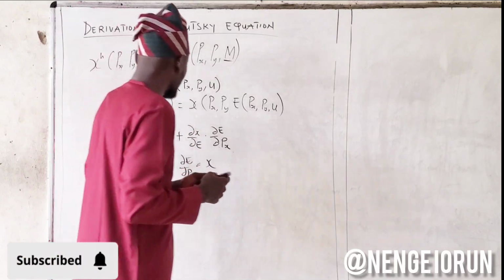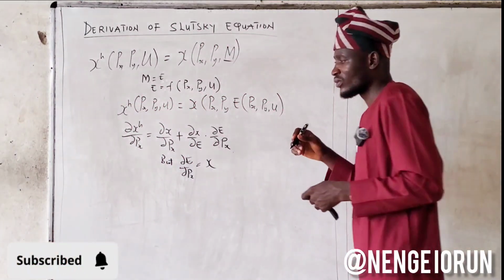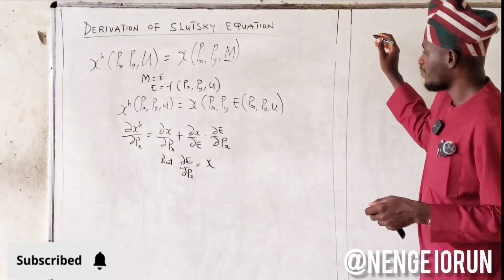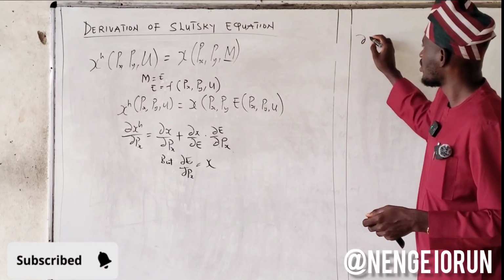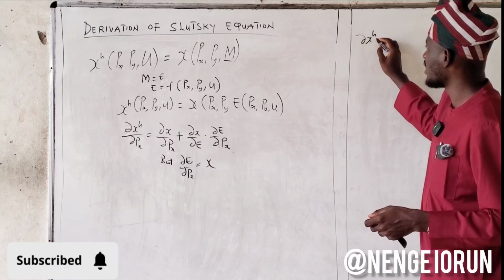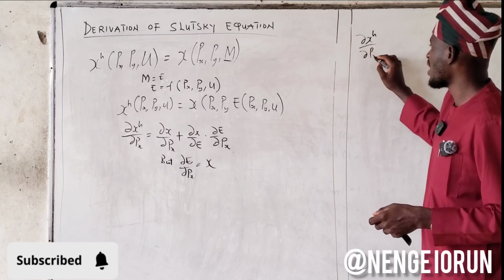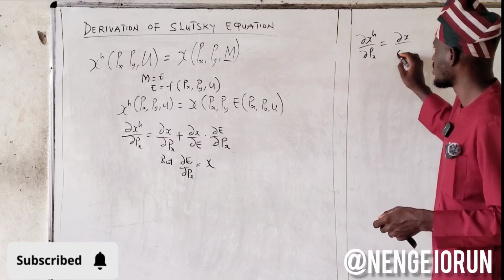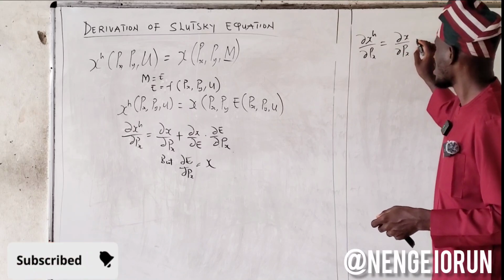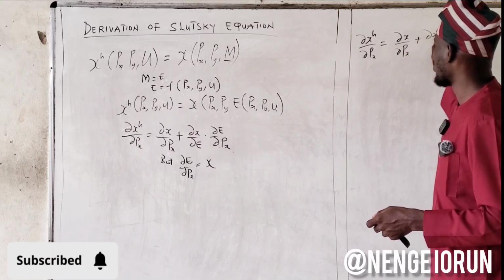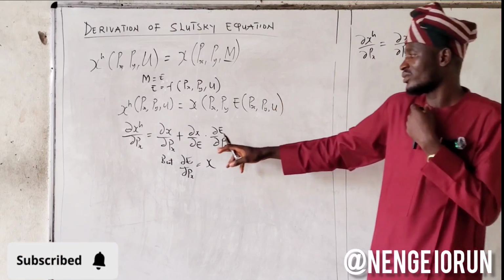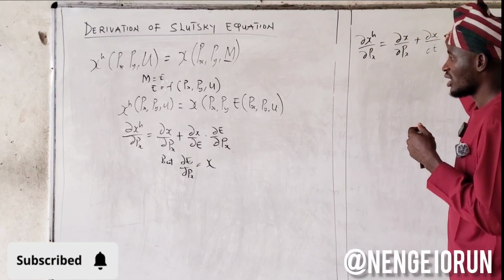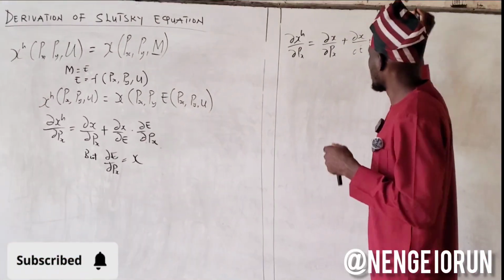So now, the partial derivative of the Hicksian demand function over Px is equal to the partial derivative of x with respect to Px, plus the partial derivative of x over the partial derivative of E, times x.